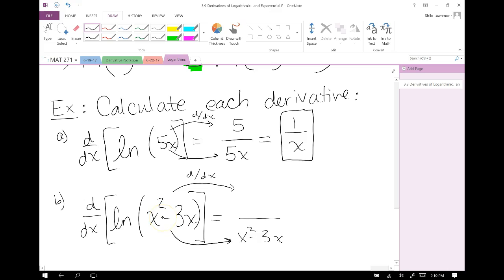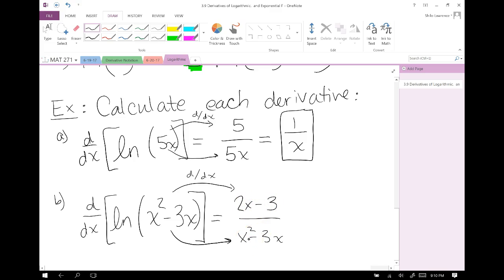So x squared minus 3x is just a polynomial. We just find its derivative by doing the power rule on each piece. So the derivative for x squared is 2x, and then we see a minus sign, and the derivative for 3x is 3. And you should check to make sure that does not simplify. We do have a polynomial in the top, polynomial in the bottom.